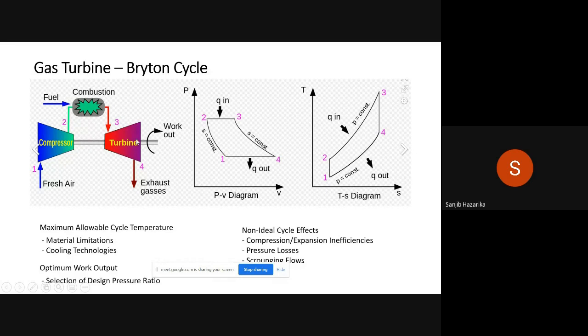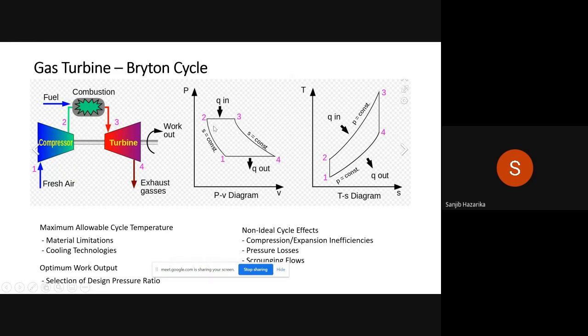And one of the things in a gas turbine is that the compressor is attached to the turbine on the same shaft, so a big chunk of the power produced by the turbine is used to run the compressor. So it is the Brayton cycle. This is the P-V diagram, as we call it. It's basically compression, then heat input here, then expansion, and it's out.